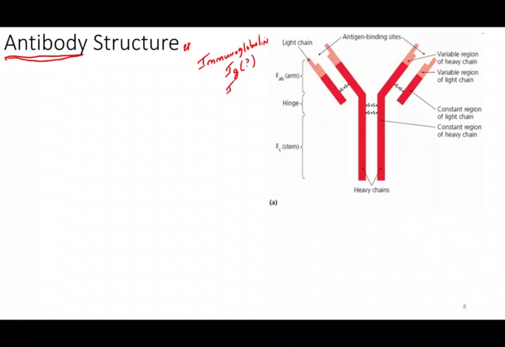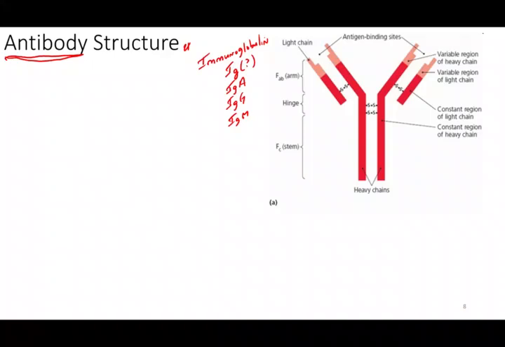So for example, you can have something called IgA or IgG or IgM. So there's different letters, so we'll talk about that. But just realize that that Ig stands for immunoglobulin, which is the same thing as an antibody. So that's what we're going to talk about first.